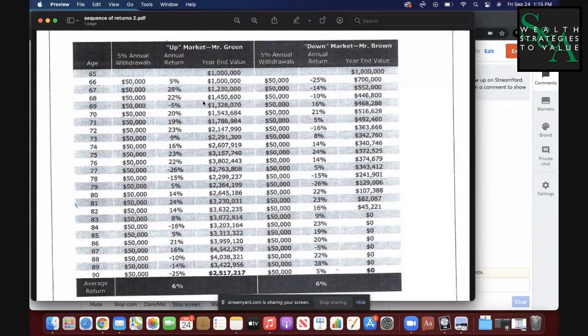They had the exact same amount of money. They took the exact same risk to get there. But because of the way the market returns occurred, one guy is prosperous, living a full retirement, has money left over. Another guy runs out of money at age 83.